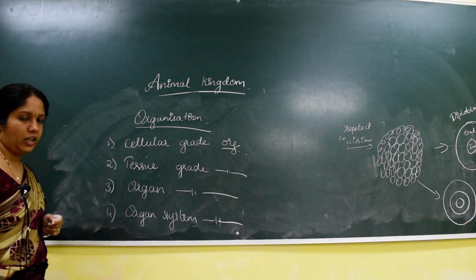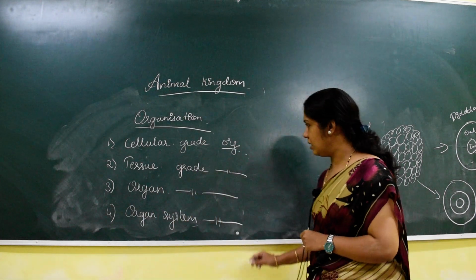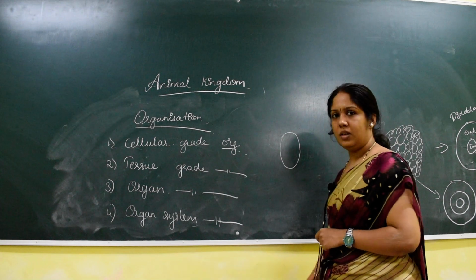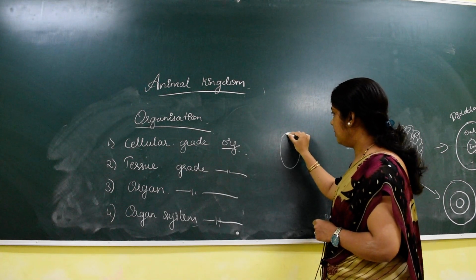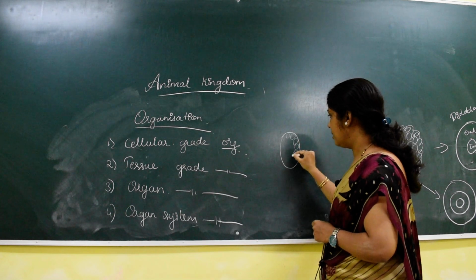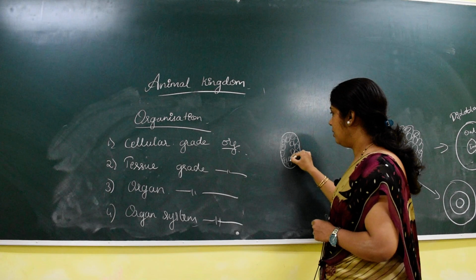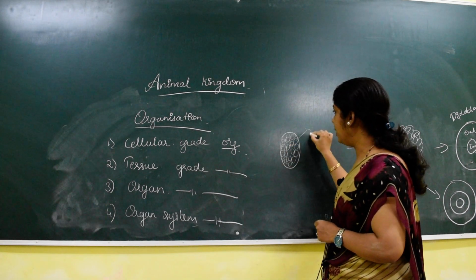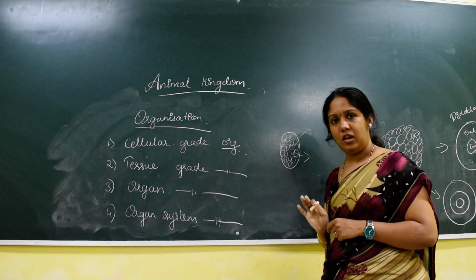So cellular grade of organization means, now let us consider there is one phylum. Understood? Now in this phylum, the organism is made up of numerous cells, but the different cells perform different functions. All the cells are not involved in a particular function here.